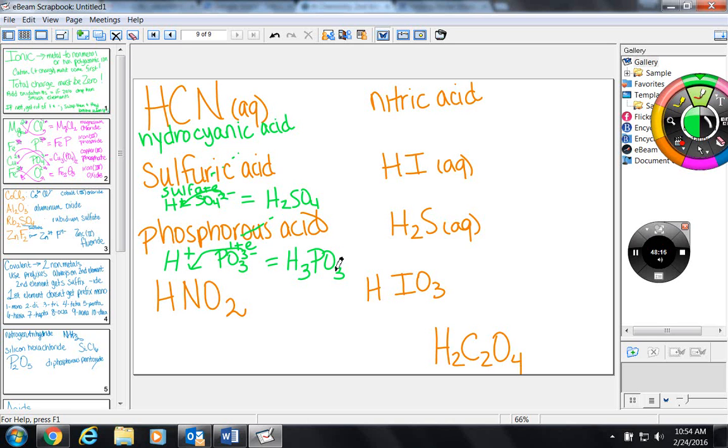HNO2. Is it binary or tertiary? Tertiary, you've got oxygen. I don't care about the H. So I look up NO2 on my ion chart. It's nitrite. So I take off the ite and I add ous.